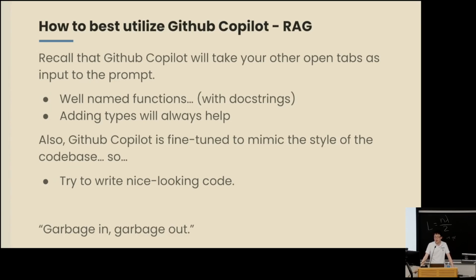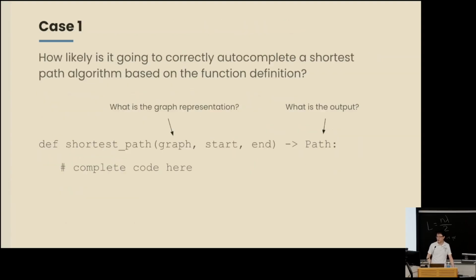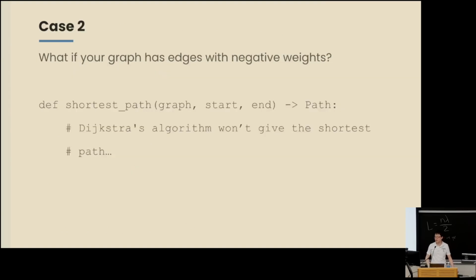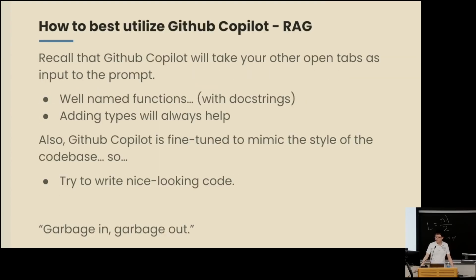Given an empty file, by the way, GitHub Copilot really does suck, right? If you just prompt it with this, or with that, that's not going to work, okay? The rule of thumb here is garbage in, garbage out. I really like this analogy, because if you put garbage in, you're not going to get anything other than garbage, okay?